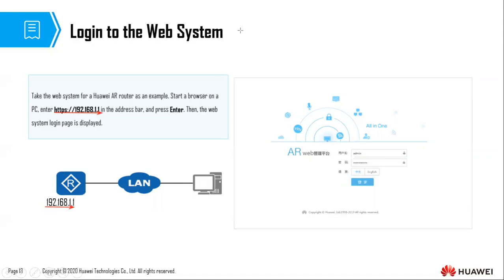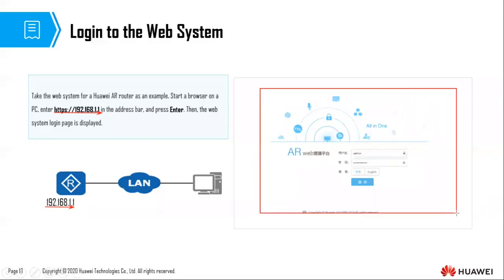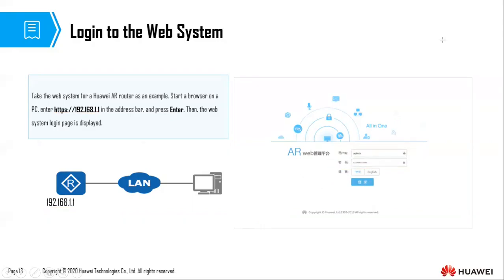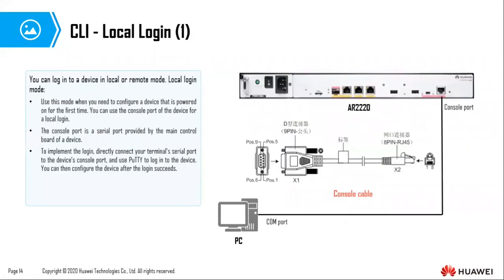Once you do that, you get a web login page where you can enter your username and your password, then you log in. It is that simple to connect via the web system. Just remember that when you connect using the web system, there are some configurations that you cannot do.